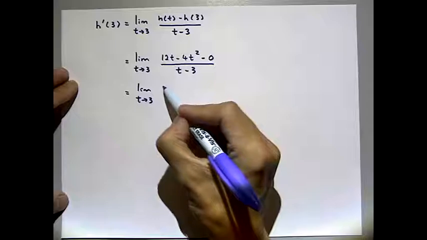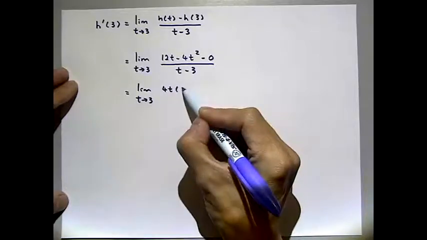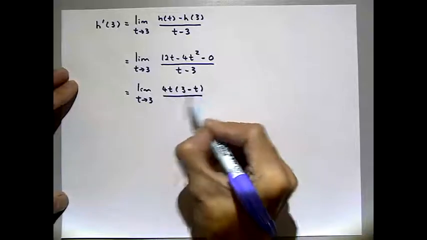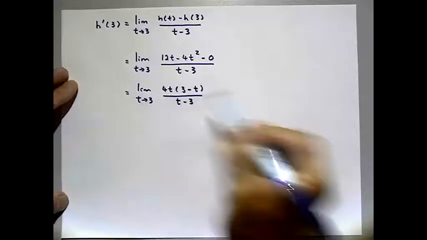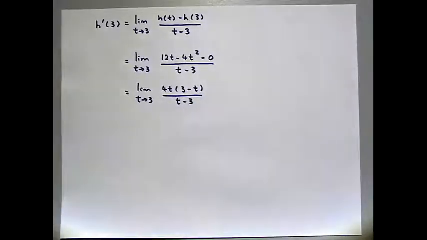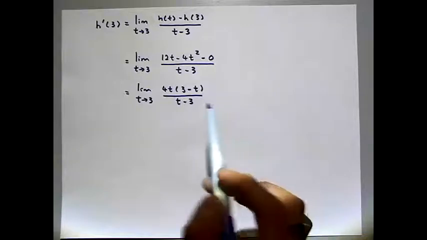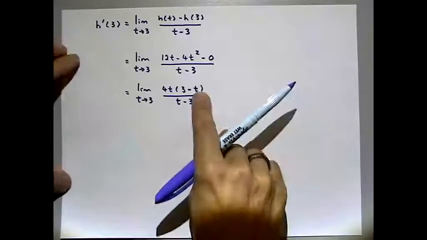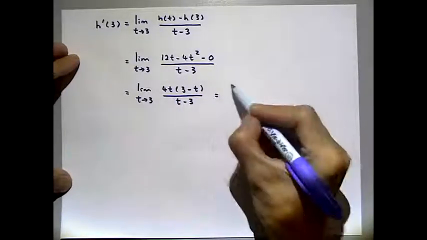Okay, we still get 0 over 0, so look for ways to get rid of those things. Take out a 4t on the top. Remember what to do if you want to reverse the order of one of these two? Take out a negative, right? Let's reverse this by taking out a negative.